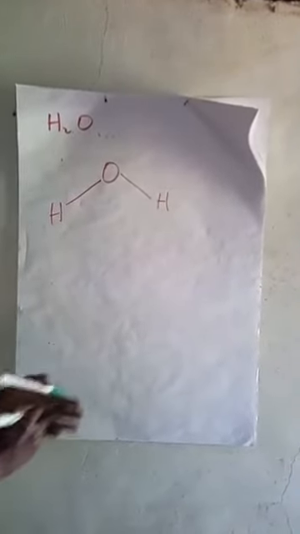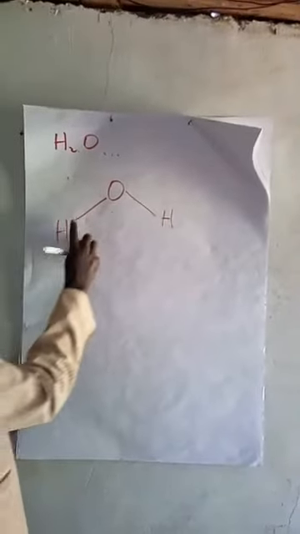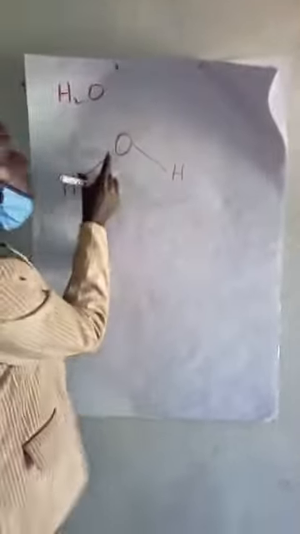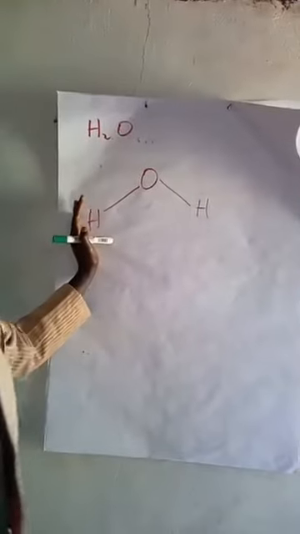Remember, we said this is a covalent bond, representing two electrons. So we have two electrons here, and two electrons here. Now this is one molecule of water.